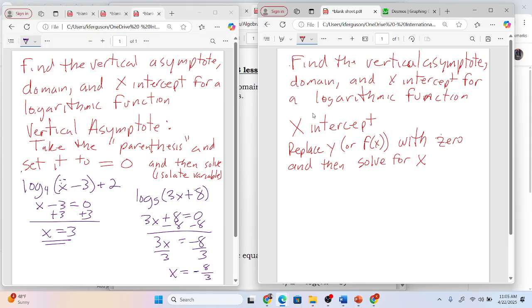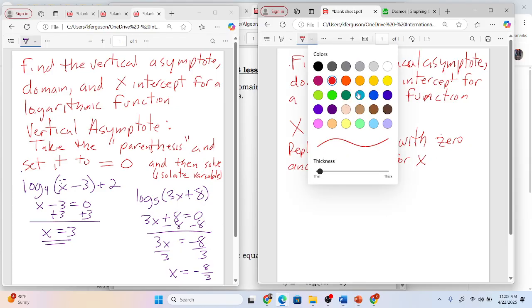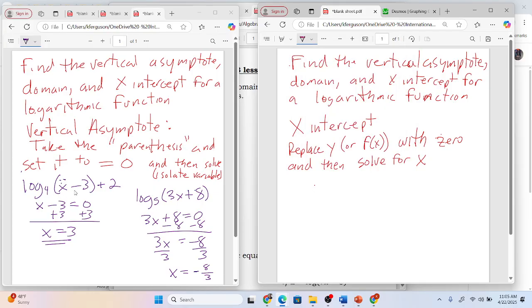Okay. So let's look at a couple examples that we already did. Let's start with y equals log base 4 of x minus 3, plus 2. So what we're going to do is replace y with 0. So we're going to have 0 equals log base 4 of x minus 3, plus 2.